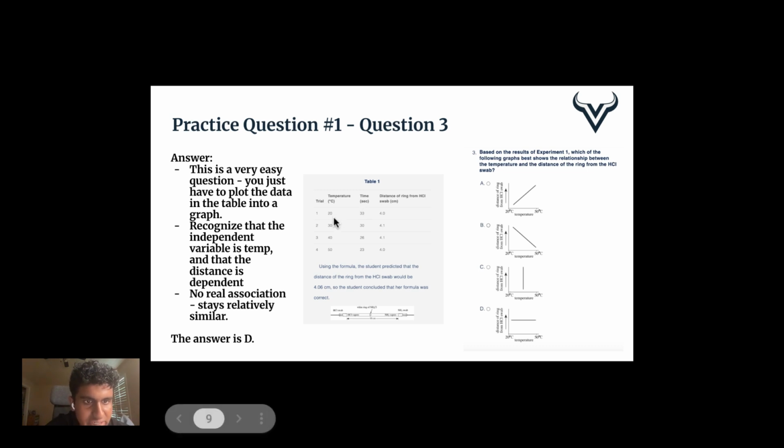So 20, 4.0, 30, 4.1, 40, 4.1, and 50, 4.0. When we look at this, there's not really an association. The data points stay relatively similar. See with 20 and 50, the data points are still at 4.0. That means D is the answer because it doesn't change even when temperature increases, so it just stays the same.